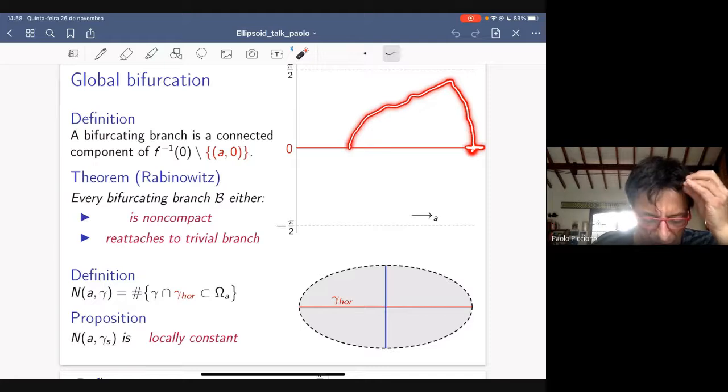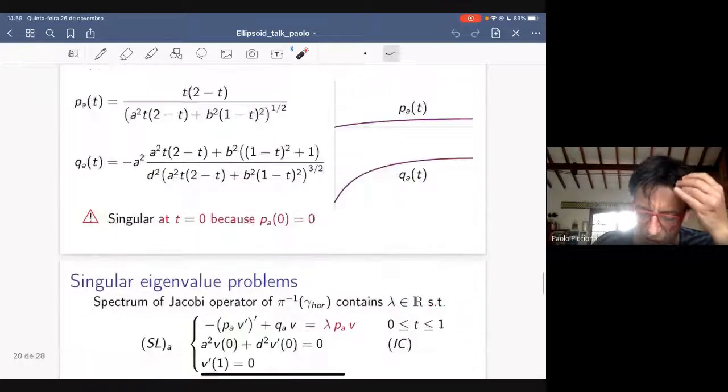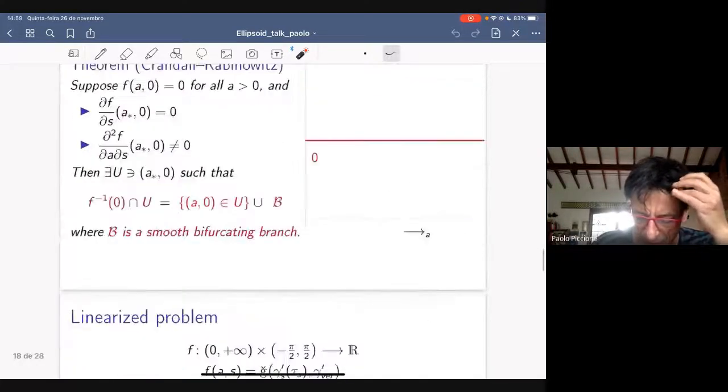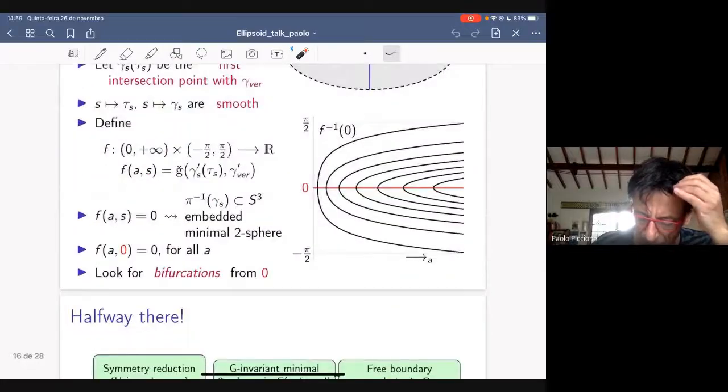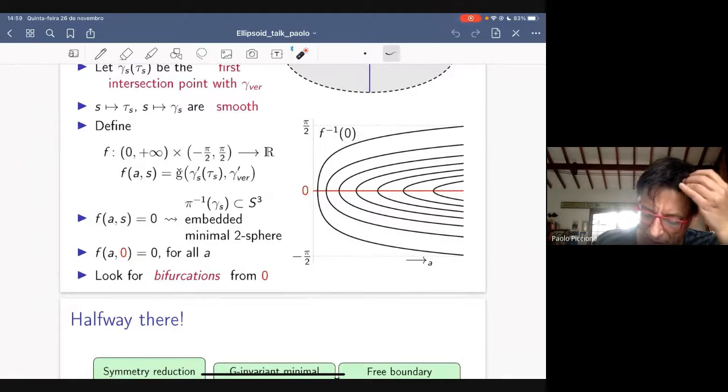This uses an assumption which is the properness of the map F. Well, actually, no, I'm sorry. You need properness of the projection function, like from R2, you project onto this line here, and you restrict this projection to the zero set of this function, and this has to be a proper function.